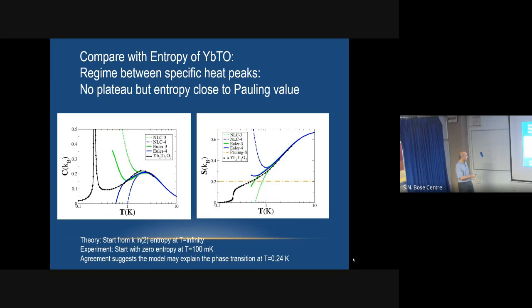Nevertheless, what one could do is calculate the entropy reduction from our numerical calculations, which is given by these blue and green lines over here, coming down to some temperature. And one can calculate the entropy from the experimental measurements. And you can see we don't really have a nice classical spin ice in this case.